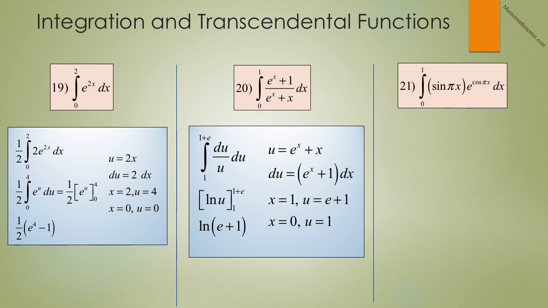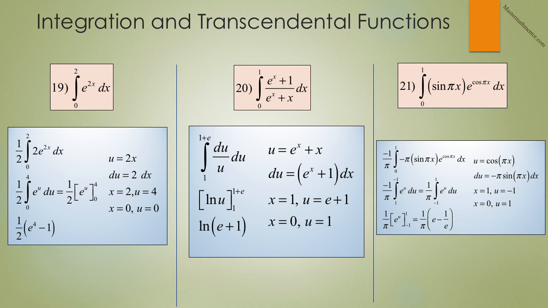And if x is equal to 1, then u is equal to e plus 1. So when we integrate, we get the natural log of u evaluated from 1 to 1 plus e. And this becomes the natural log of e plus 1 minus the natural log of 1, which we know is 0. Final answer, natural log of e plus 1.